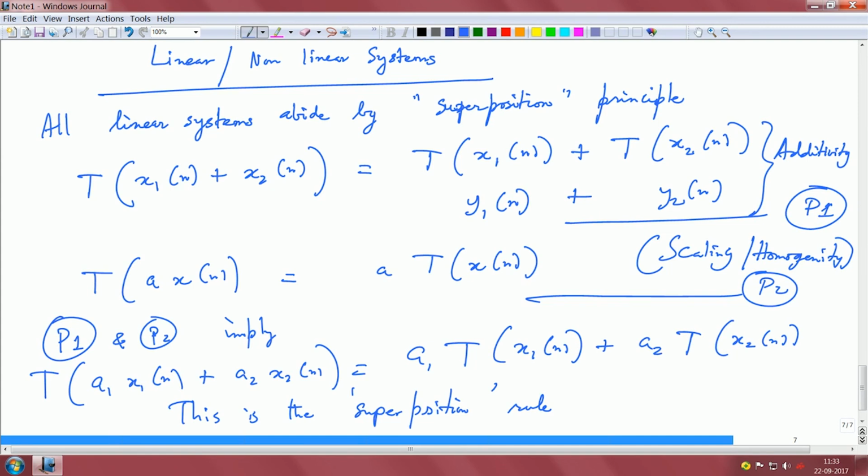And you will see this in electrical circuits when you have elements such as resistors, capacitors and inductors, and these are essentially linear circuits. And if you bring in diodes, transistors, MOSFETs and other circuit elements, it is basically a non-linear system, and you can see a non-linear system does not satisfy the superposition principle.